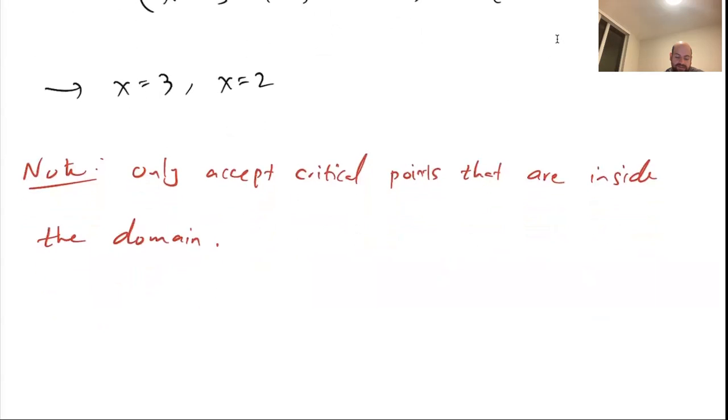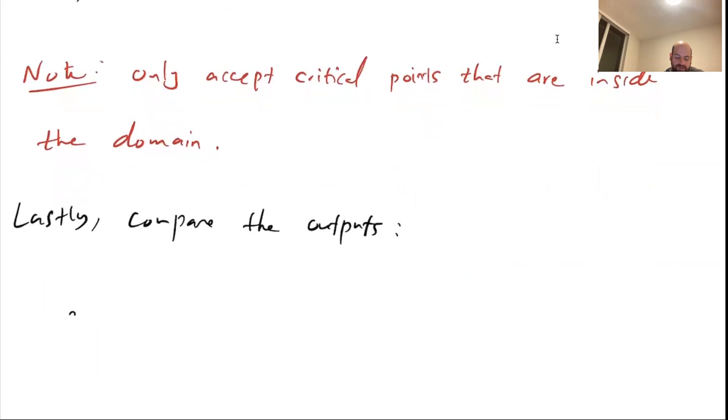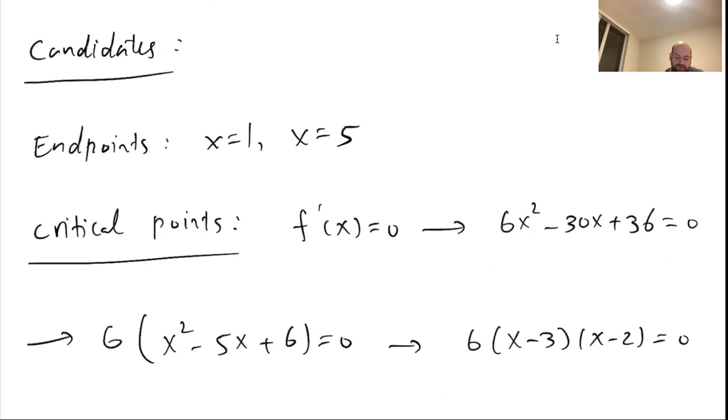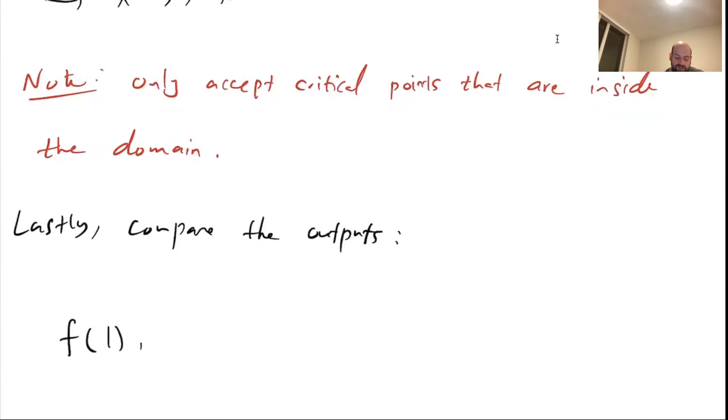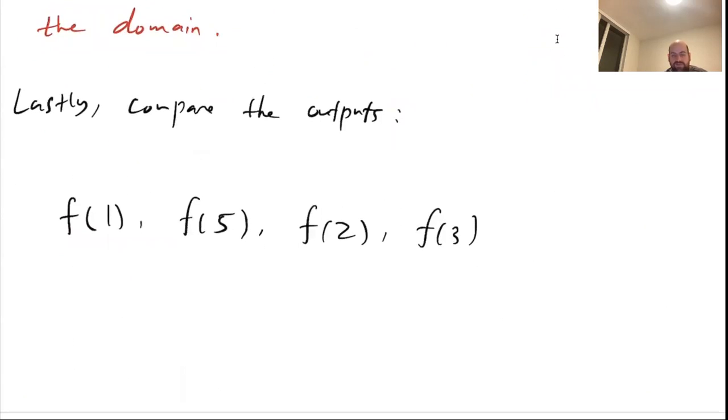Okay, then lastly, we need to compare the outputs. Which outputs do I need to compare? F of endpoints, which means f of 1, f of 5, and f of critical points, f of 2 and f of 3. Compare them, see which one is the largest one, which one is the smallest one.